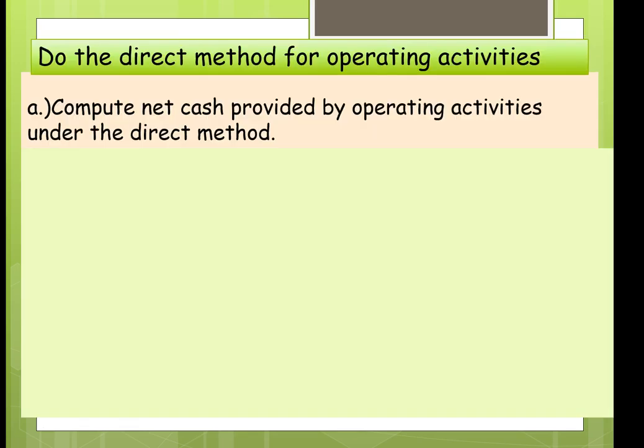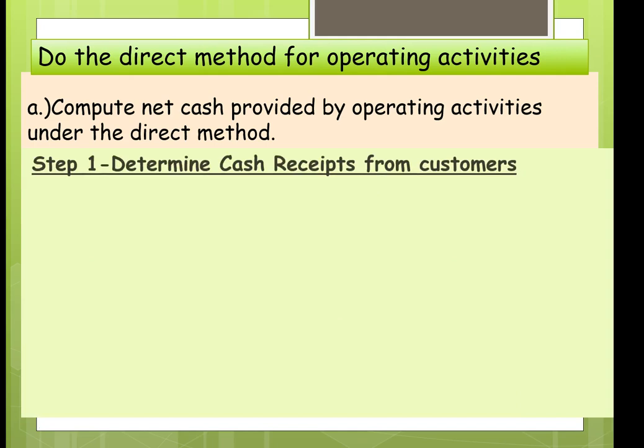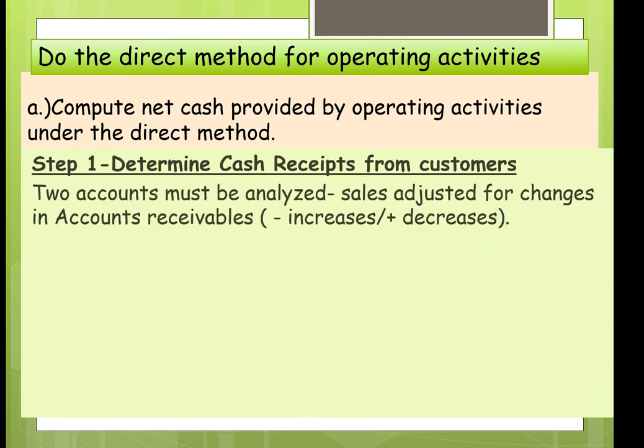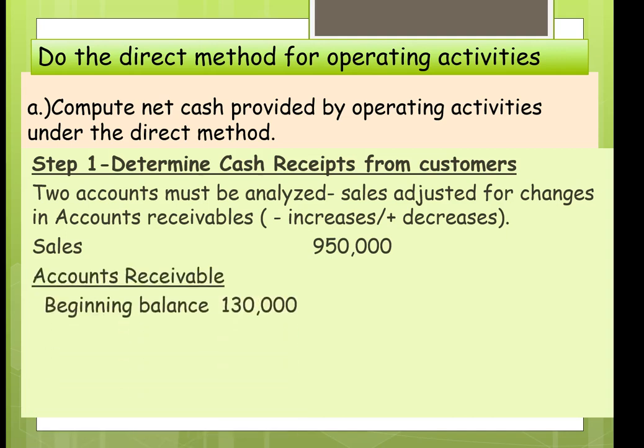So first we're going to compute net cash provided by operating activities under the direct method. Step 1, determine cash receipts from customers. 2 accounts are going to be involved. We have to analyze sales and we have to adjust for changes in accounts receivable. We have sales, and now we have to adjust for the change in accounts receivable.